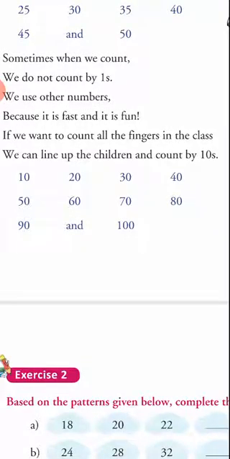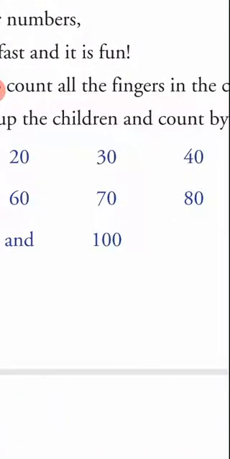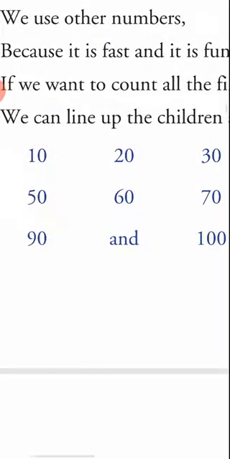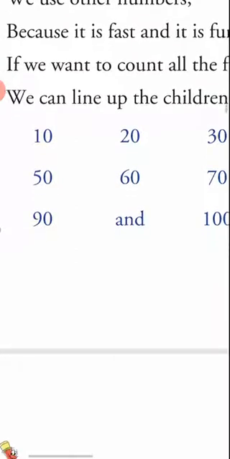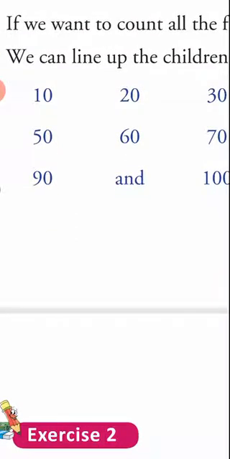We have seen that we were counting by twos, by fives, and now we will learn how to count the numbers by tens. So here we have 10, 20, 30, 40, 50, 60, 70, 80, 90 and 100.